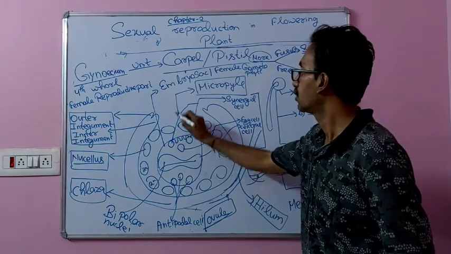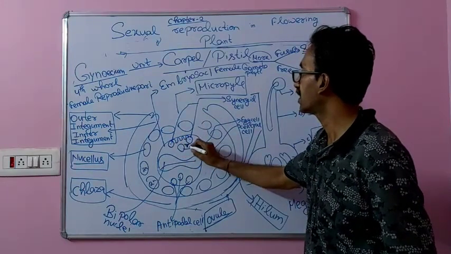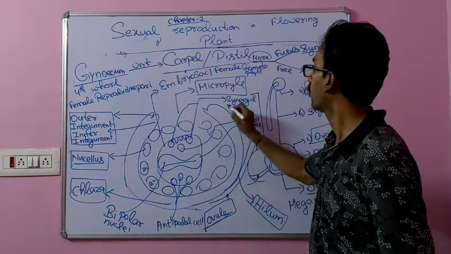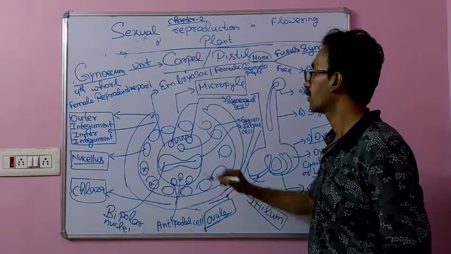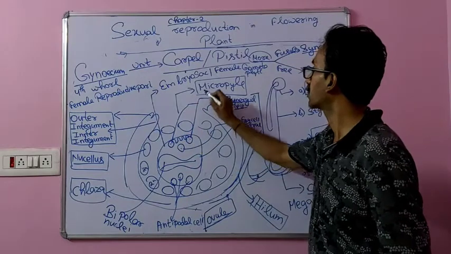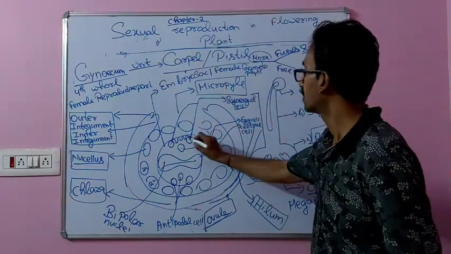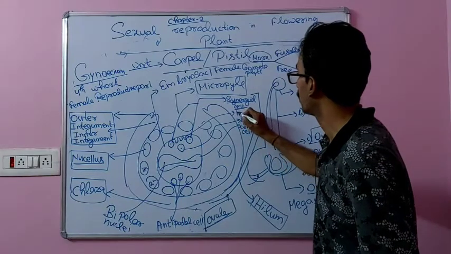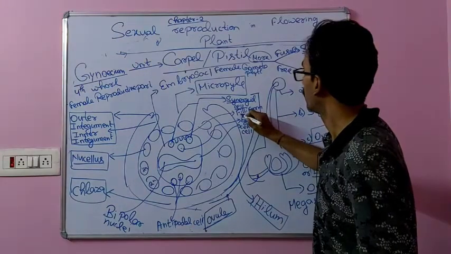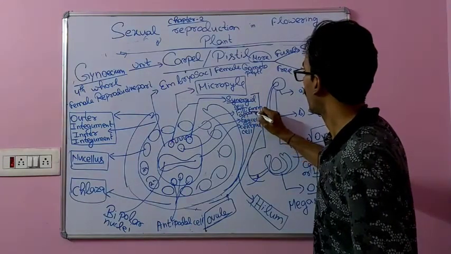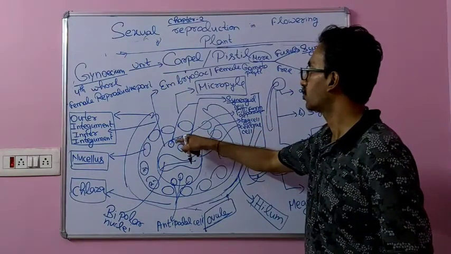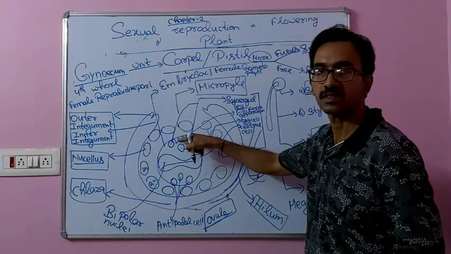See here, towards the micropylar end, three cells are present, out of which the two cells present at this part are called synergid cells. From their cell wall, a finger-like modification arises, called the filiform apparatus, which releases chemicals to attract the pollen tube towards itself.